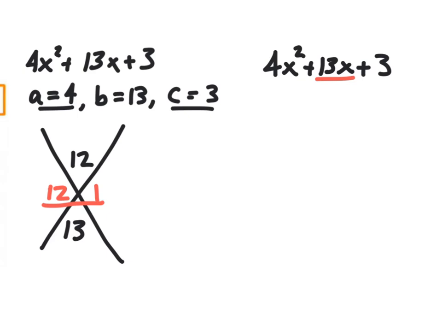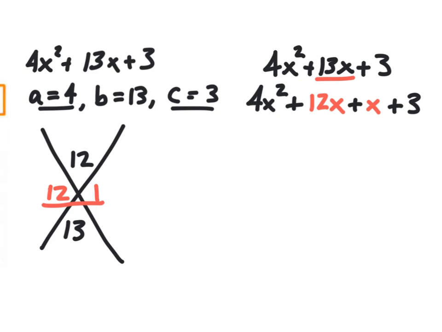I'm going to say 4x squared, plus 12x, and then plus another single x, and then plus 3. Because I've split this middle term, all I've essentially done is rewrite this 13x as 12x plus an x. If I add them together, I can get back to my 13x.